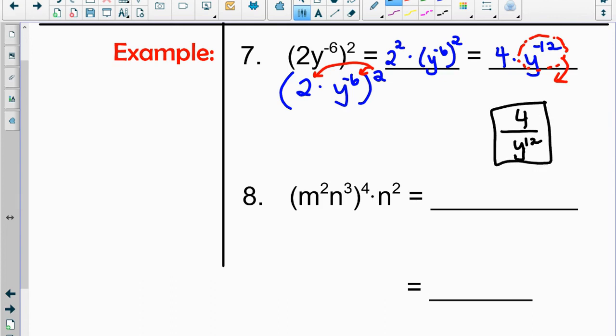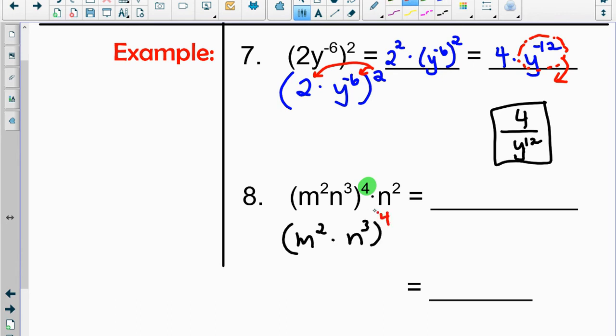All right, with number 8, we get to see a little bit more use of that first property with some of the others as well. First thing I want to do is start by simplifying with that 4. I have a factor of m squared and another factor of n cubed that needs to be raised to the 4th power.